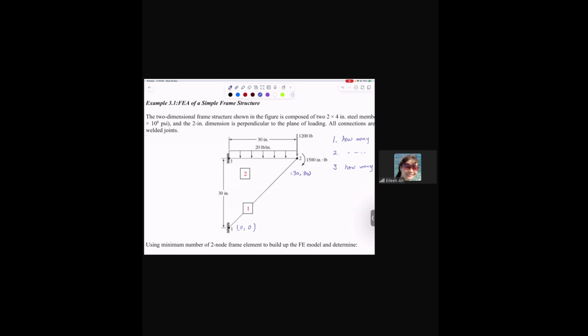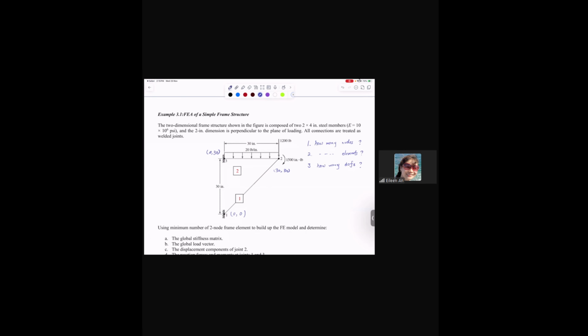Okay, what's the coordinate of the third node? 0, 30, great. Okay, cool. To solve this problem, we need to have 3 nodes and 2 elements, okay?